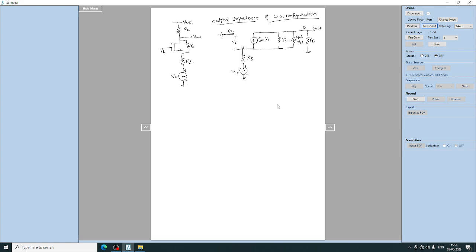Now, the current flowing through RS. We are calculating the output voltage, so this is the I out corresponding to the output voltage V out.